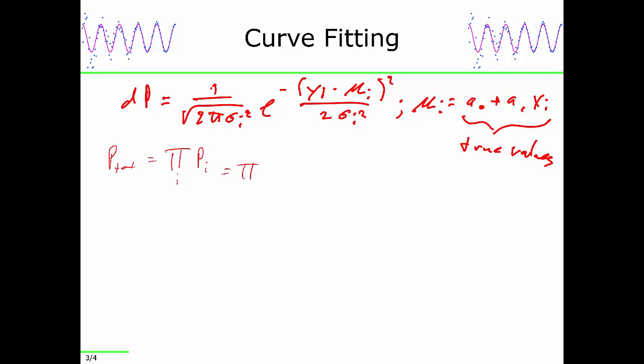And for a Gaussian distribution, just substitute in a normal PDF.